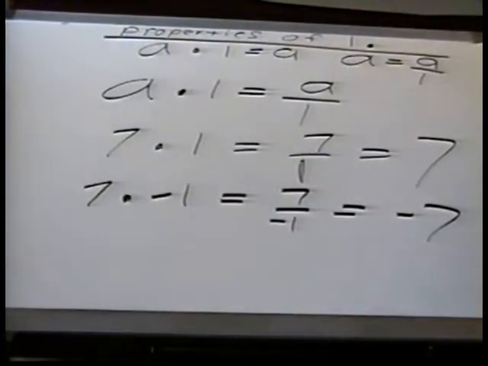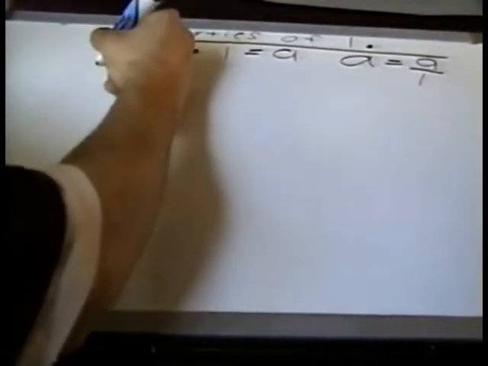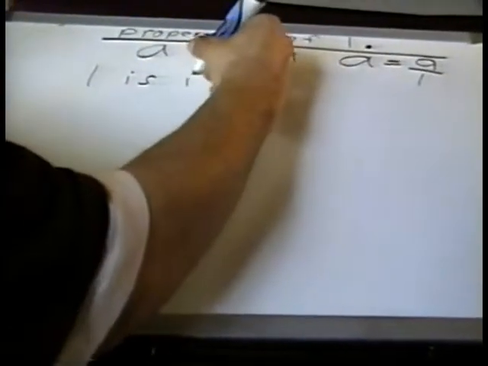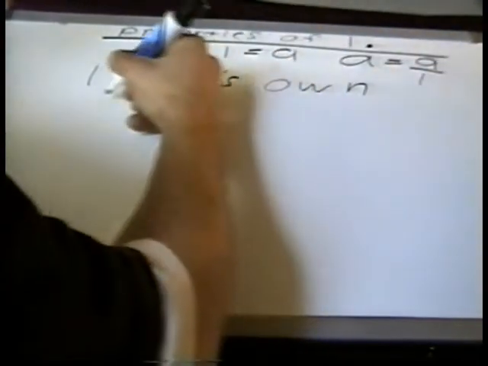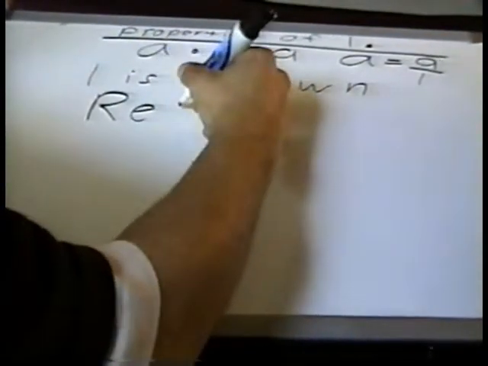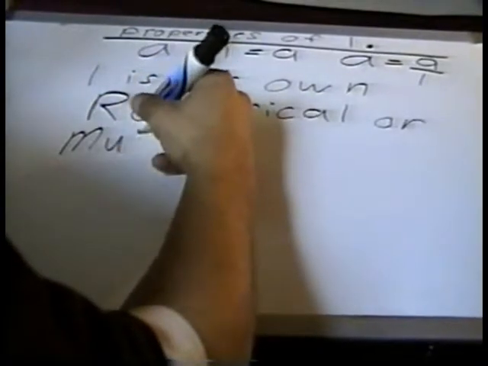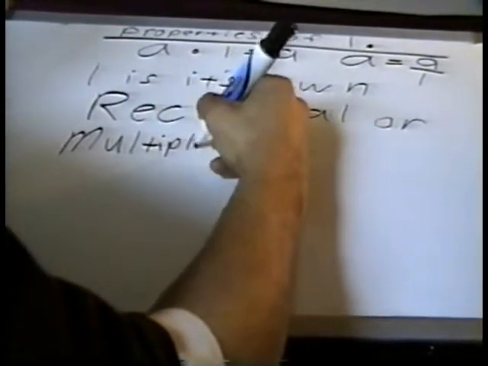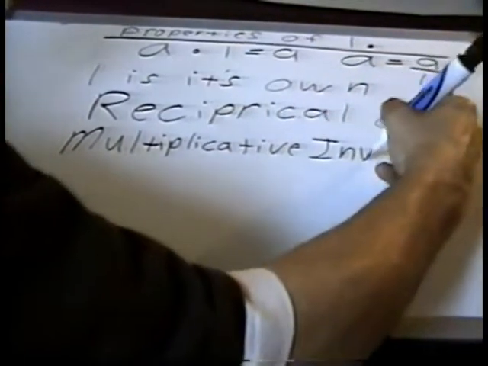We want to talk about the properties of 1. For example, multiplying a number by 1 does not change the number.